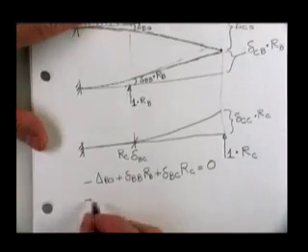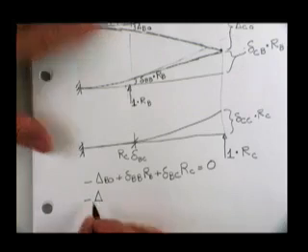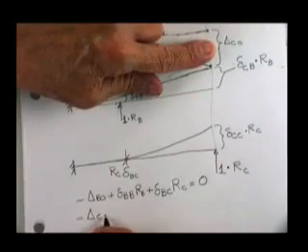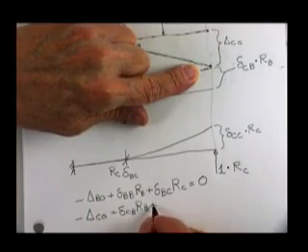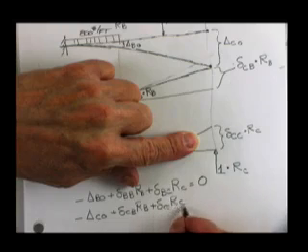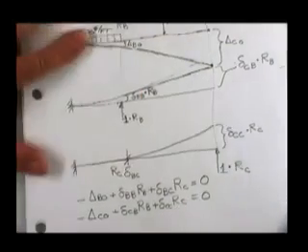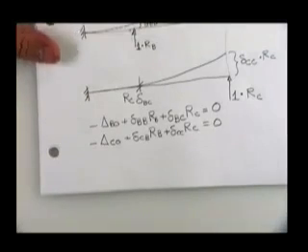Second equation would say minus the deflection at point C due to the real loads plus delta CB R sub B plus delta CC R sub C is equal to 0. Each of those numbers you really could do with nothing but your 305 work.